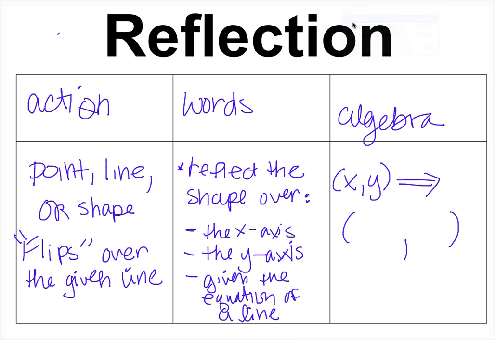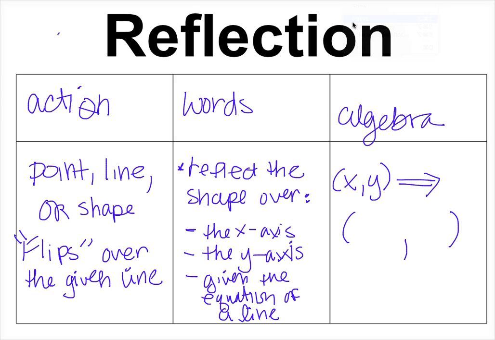Then if we look at our image of A, image of B, image of C, image of D, these were our green points. Image of A becomes (-4, -1). B, (-2, -1). C is (-1, 3). And D was (-5, 3).